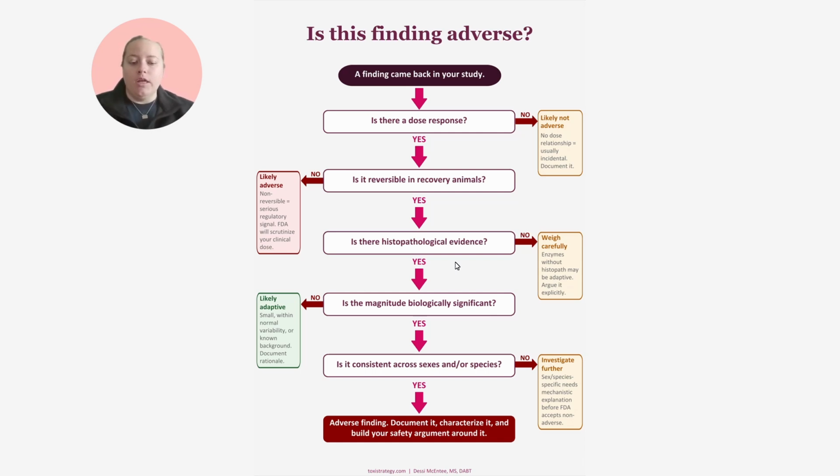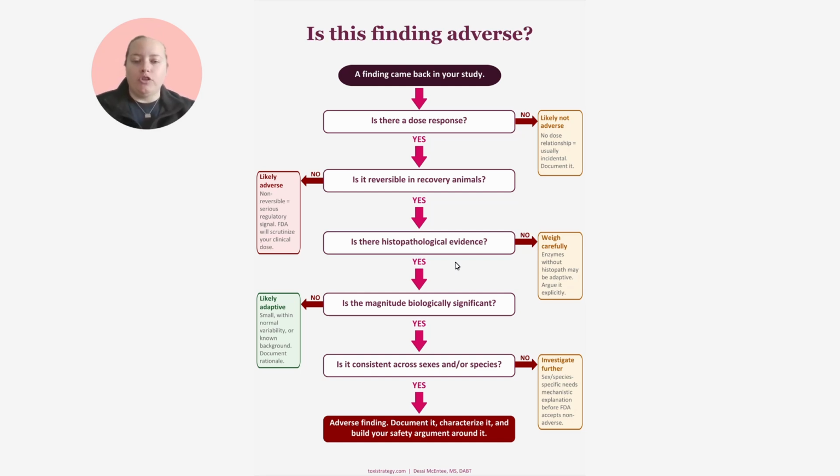You might not have an adverse effect if you have a safe drug. This is sometimes very common with biologics. But being able to understand what findings are drug-related, test article-related, and what those exposures are, and then potentially being able to understand if there is a range of exposure that would cause these effects to be more severe, that would potentially go into adversity.